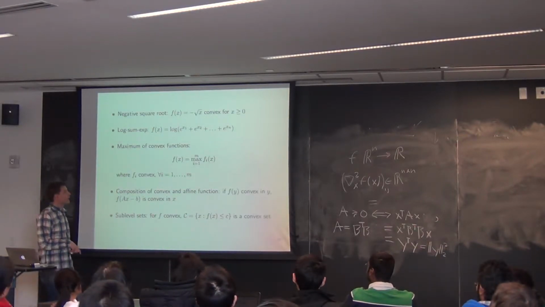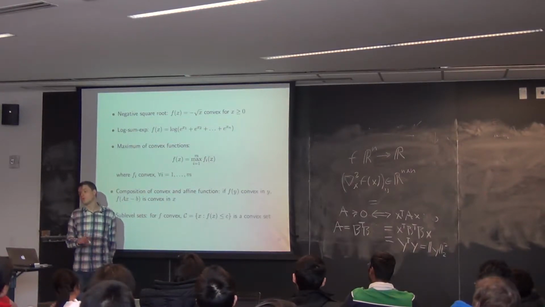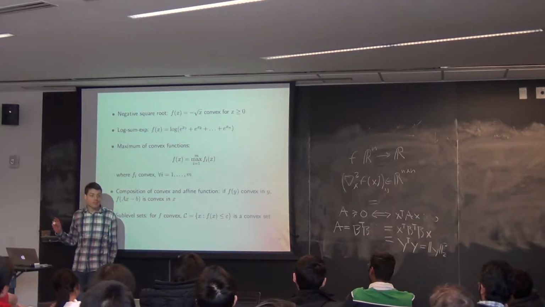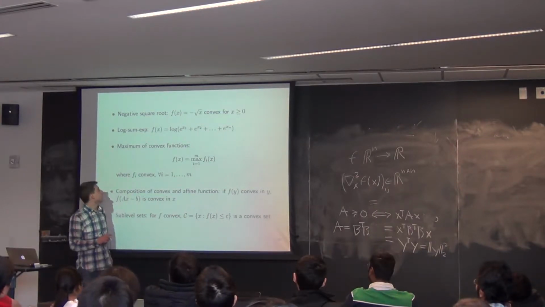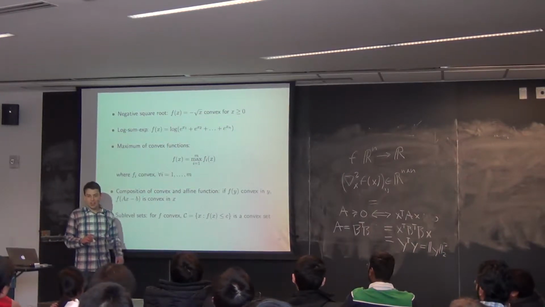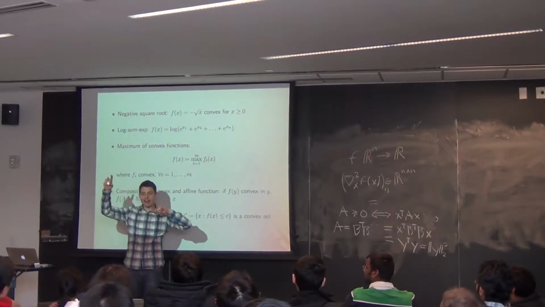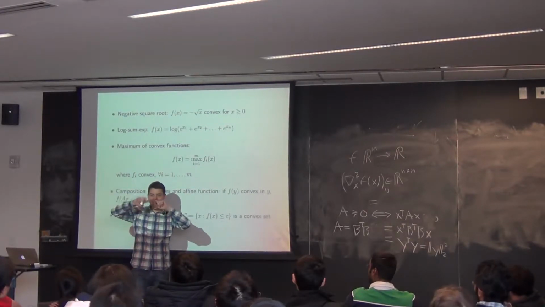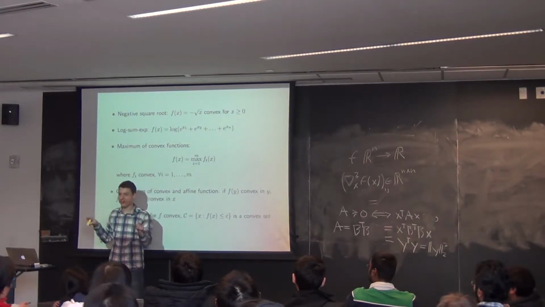A few more. Negative square root for x being greater than or equal to 0. That's convex. Or equivalently, the square root is concave. This is kind of a fun one here. It's a function called log sum exp. So if you take a vector, take every element in that vector, e to that element, add them all together, and take the log of that, that's convex.